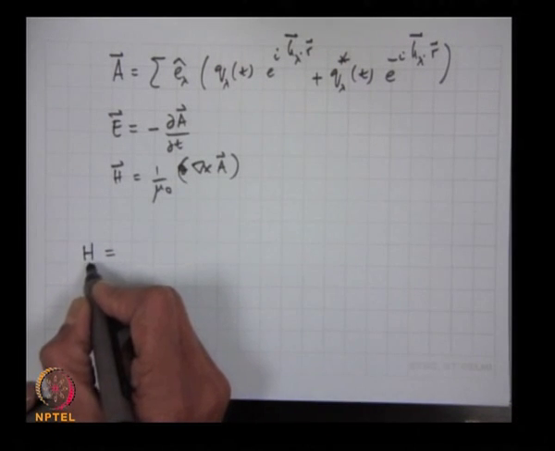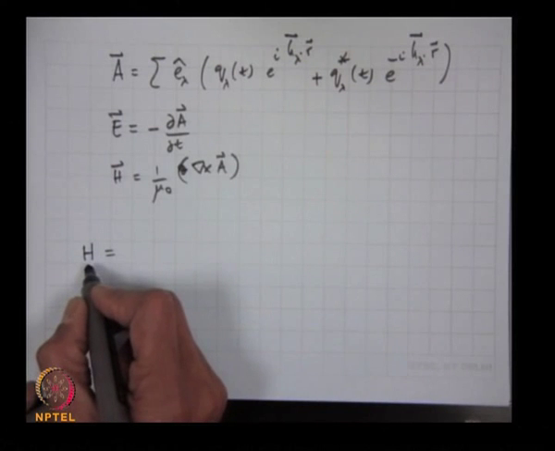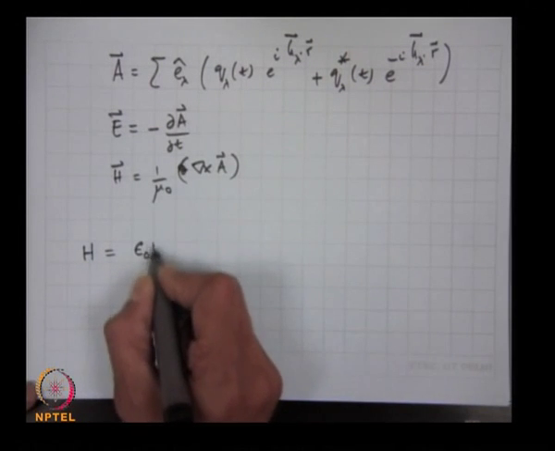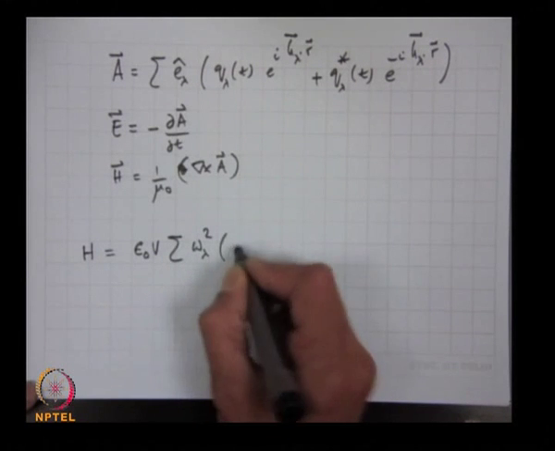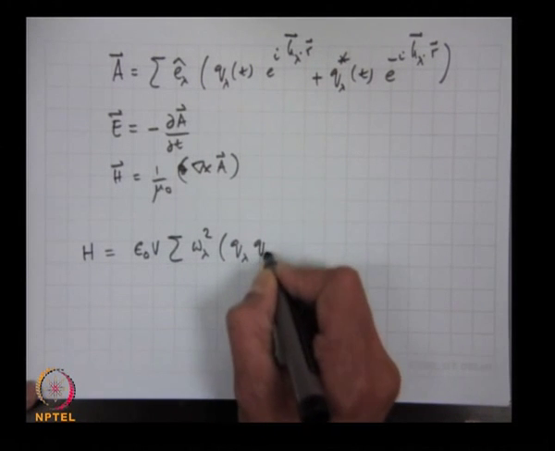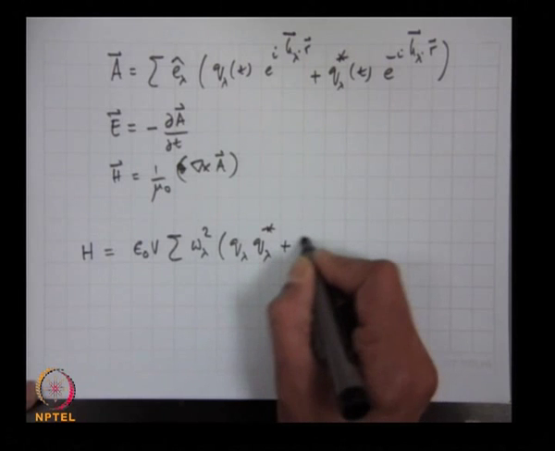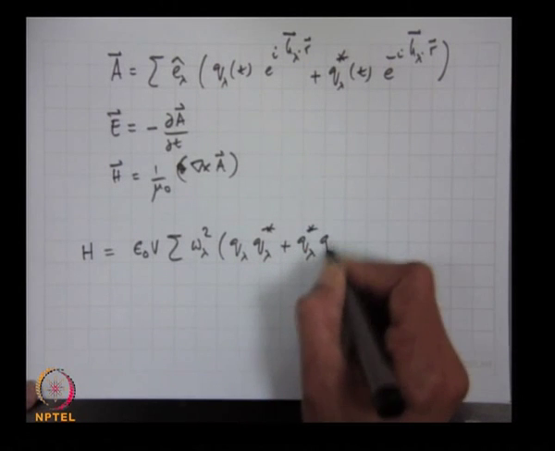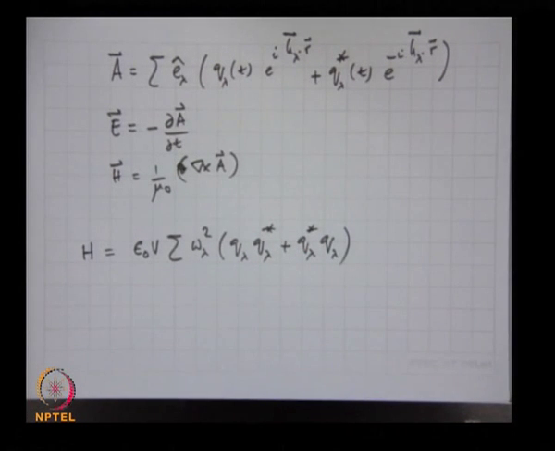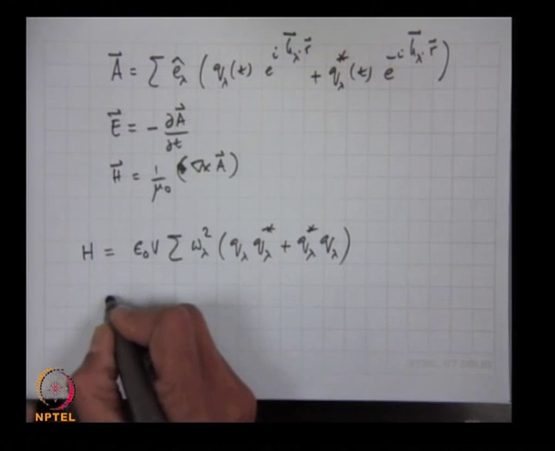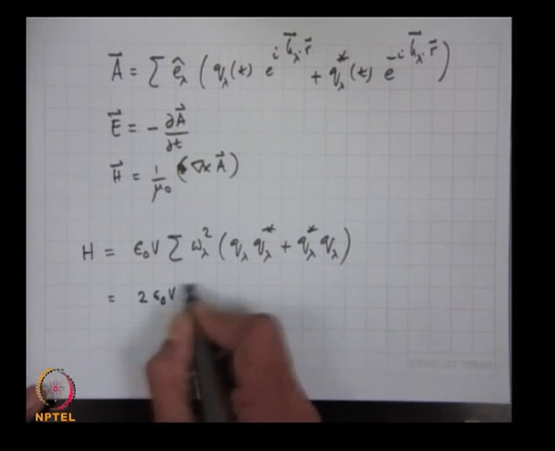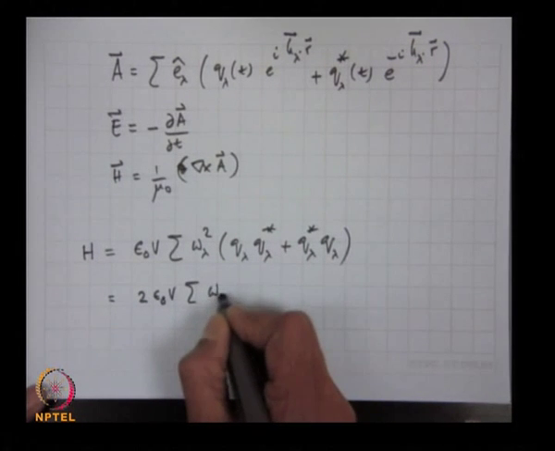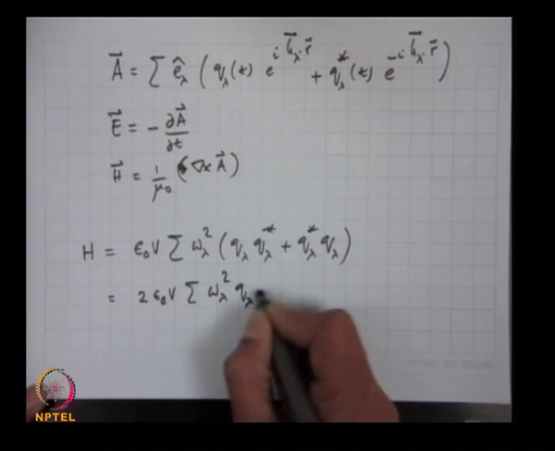This is the magnetic field here, and this is the total energy Hamiltonian, for which we had got this expression: omega lambda square, Q lambda star Q lambda plus Q lambda Q lambda star. Which is actually, in classical, there is no problem. In the classical picture, I can write this as omega lambda square Q lambda star Q lambda.